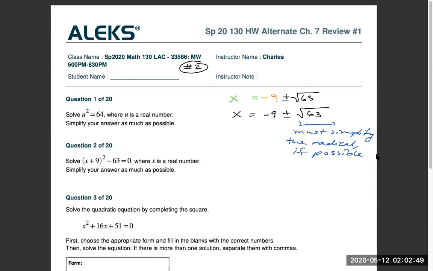Okay, so that's the one where you have to use the activity we did last week where you're simplifying radicals. I know that square root 63, actually, let's not even do the square root part. Let's just look at 63. Prime factor it. I get 9 and 7. And then 9 is 3 and 3.